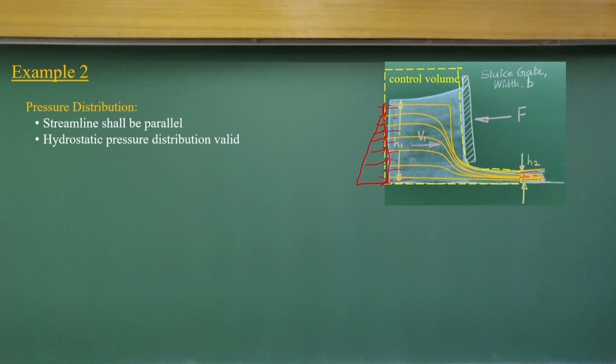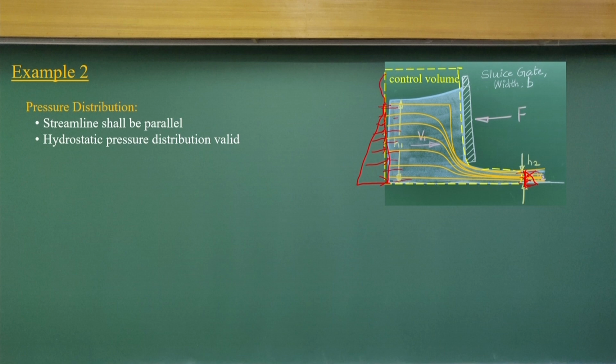You define the control surface such that you can anticipate the streamlines are parallel in that region. In a similar way, at this outlet also, the streamlines are parallel and I can consider the hydrostatic pressure distribution.